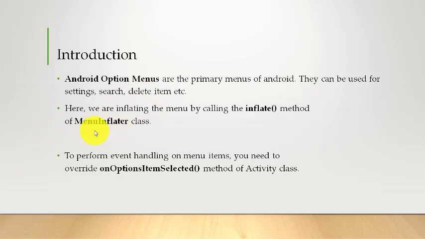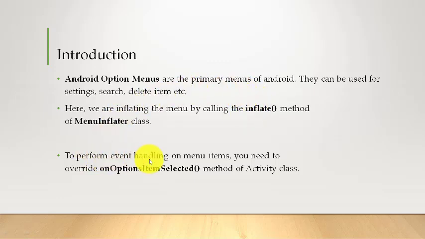Now I want to display the menu on the current activity, so we will be using the menu inflater class, which is responsible to attach the menus which are assigned in the XML file using a method called the inflate method. This is one of the very important methods in the menus. This is used to inflate the menu on the Android screen.